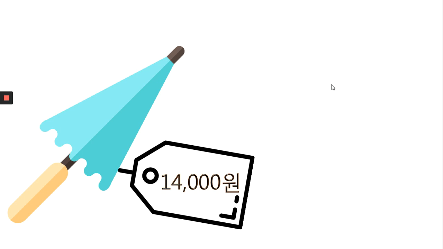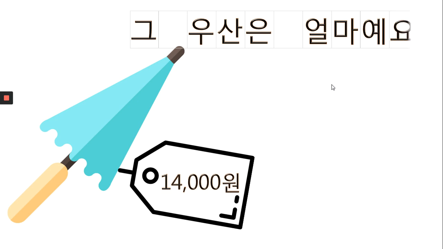Near the listener we say 그 instead of 저, and umbrella, 우산. So that umbrella near the listener, 그 우산, and topic marker 은, 그 우산은 how much? 얼마예요? 그 우산은 얼마예요?